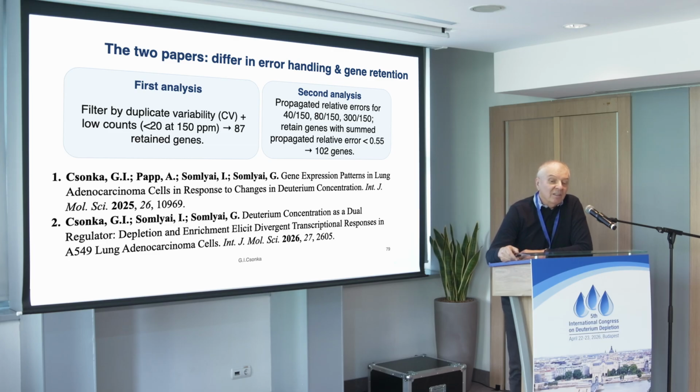So we obtained 102 genes, and these together show that the biological signal is robust across methods, while the choice of error model controls the breadth of the transcriptional response, not the direction.